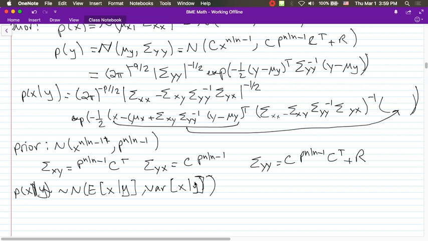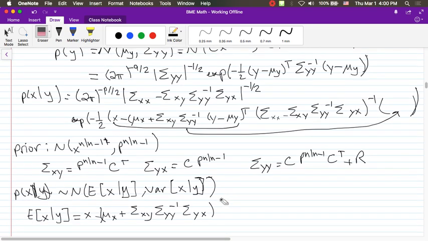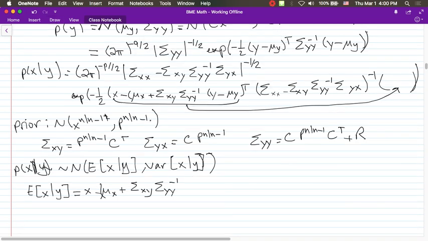Its mean is this term: mu x plus sigma xy, sigma yy inverse, times y minus mu y. That's the mean.